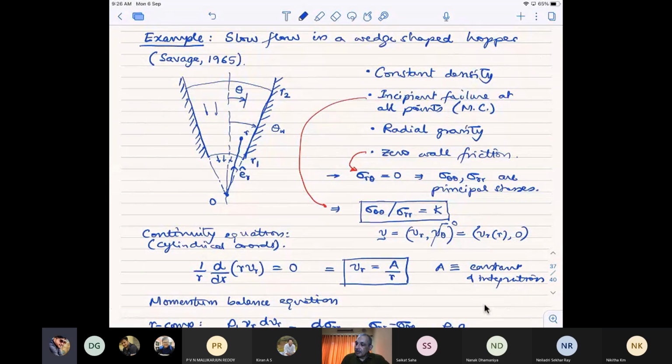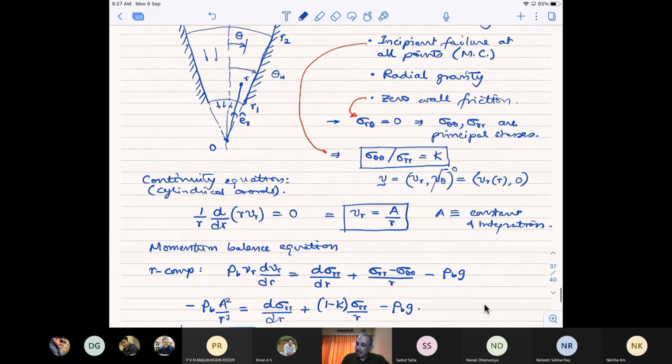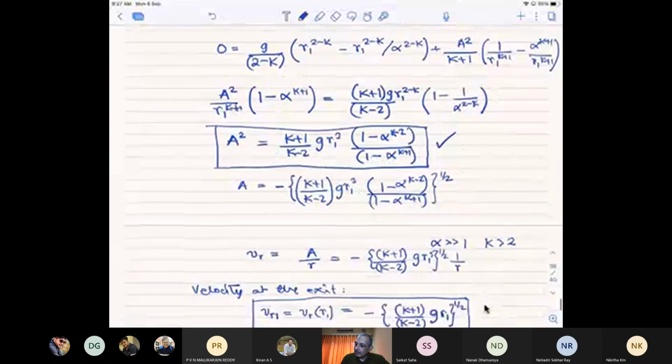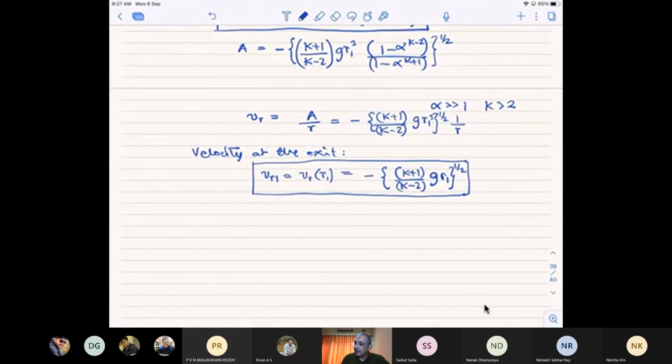And so if R1 is much smaller than R2, then really the flow rate, because the radial velocity will determine the flow rate, is independent of how much material you have in the hopper, and this is very much like the problem we solved for the stress distribution in the bin with sidewall friction, where once you go beyond a certain height, then the height doesn't matter. And this is what we see here for the flow rate also.